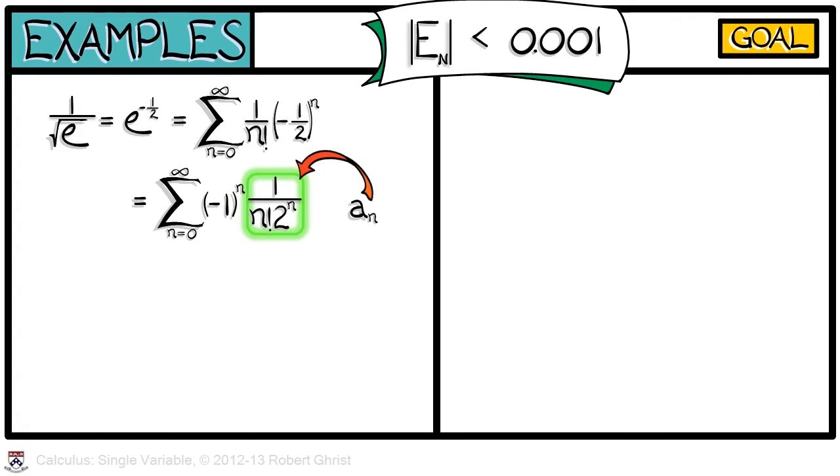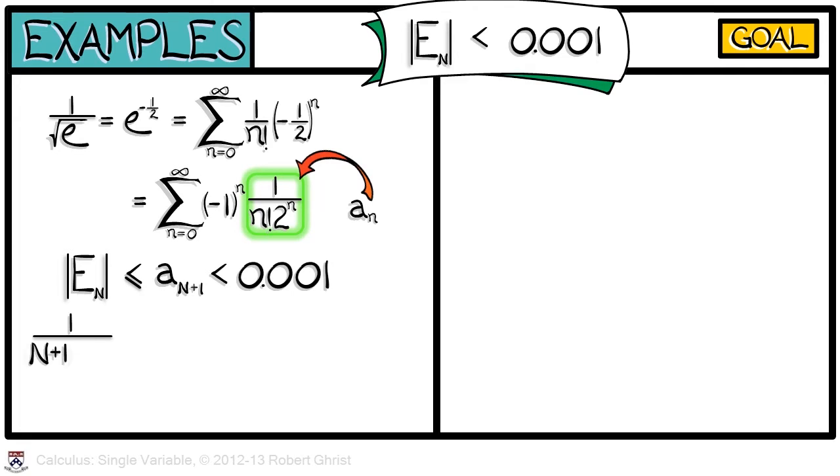Now, if our goal is to add up a finite number of these terms and get the error less than 1/1000th, then the alternating series bound says that we need to find a capital N so that a sub capital N plus 1 is less than 1/1000th.